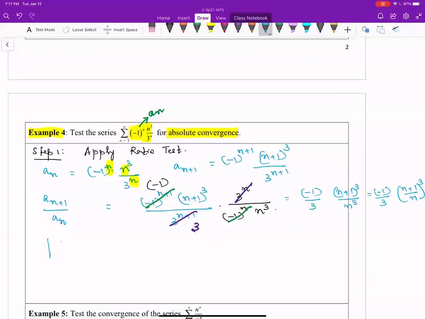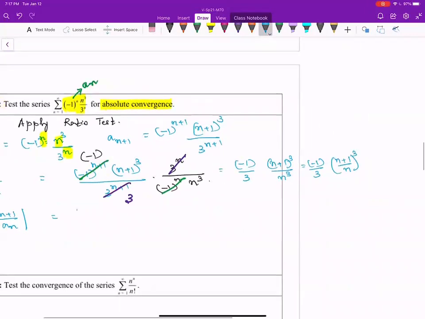Now you take the absolute value of this ratio, which is the absolute value of -1 over 3 times (n+1 over n) the whole cube, which need not even be inside the absolute sign, because n and n plus 1 are all positive.